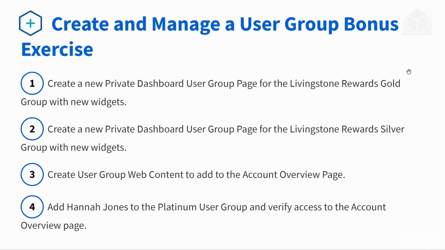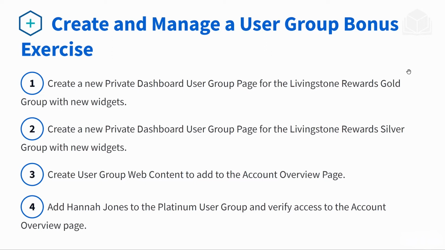So you could try to create some web content to actually display in that widget. And then finally, try also adding Hannah Jones to the Platinum user group and verify that she can also access the account overview page. So it's a little bit more of the same here, but there are some additional steps you can take and some new things that we're not going to go over here.